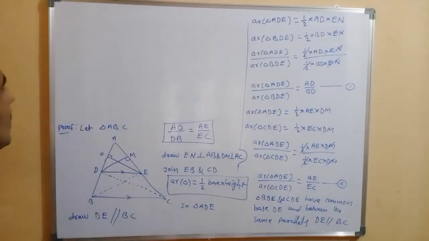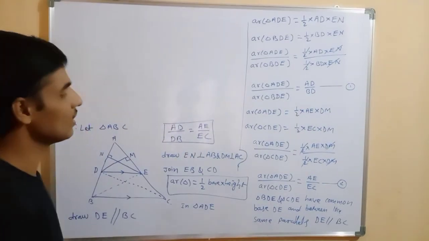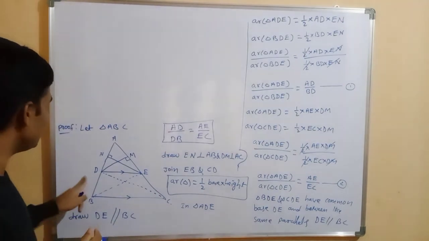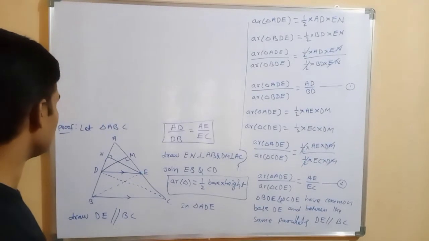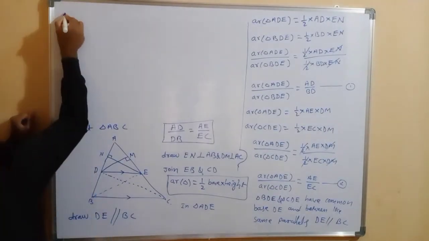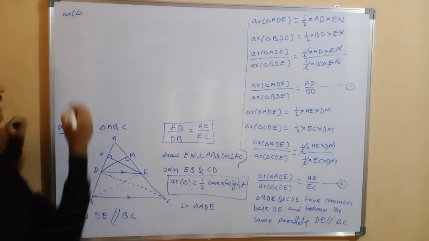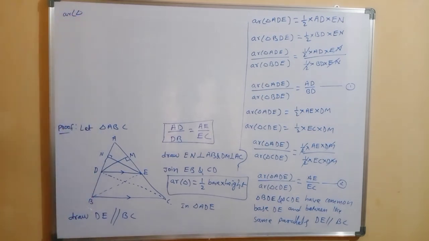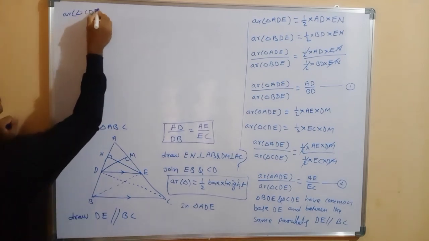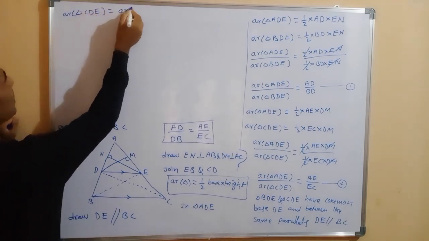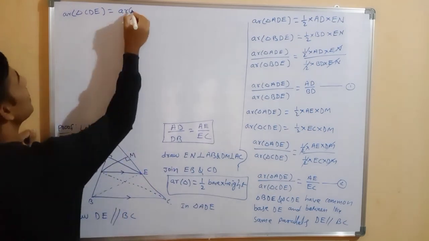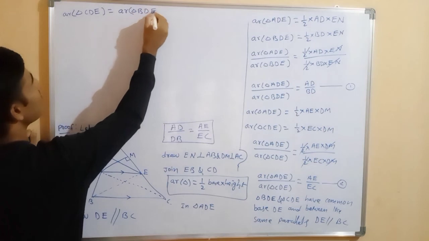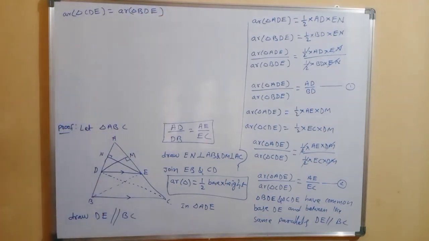Both BDE and CDE are between the same parallel lines, so the area of triangle CDE equals the area of triangle BDE. These are equal.